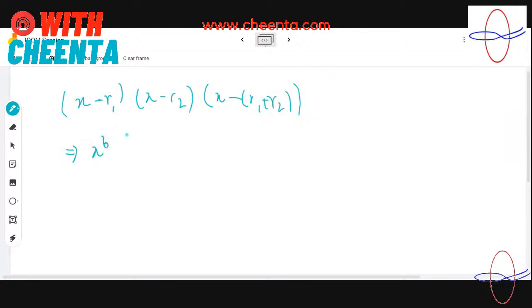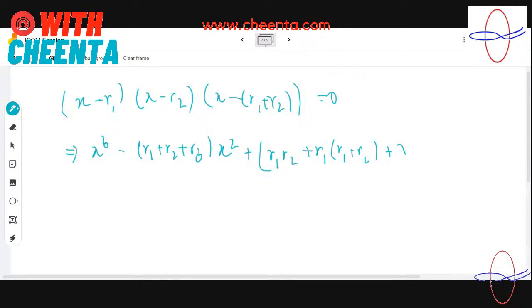You get x cube minus (r1 plus r2 plus r3) x square plus (r1 r2 plus r1 (r1 plus r2) plus r2 (r1 plus r2)) times x minus r1 r2 (r1 plus r2).